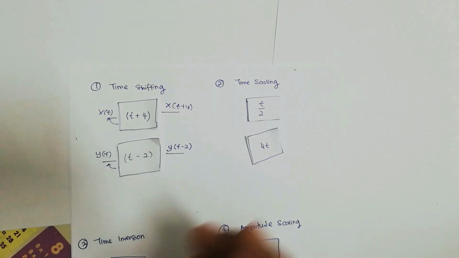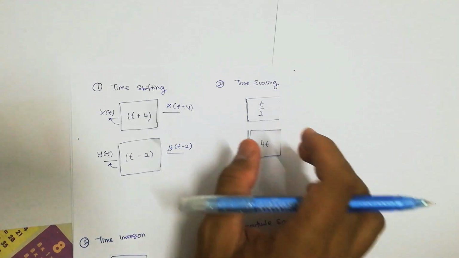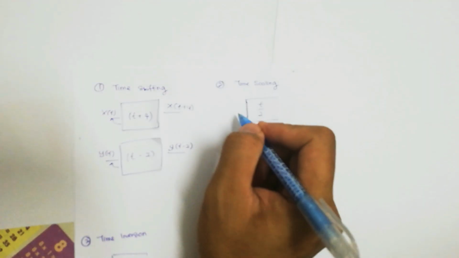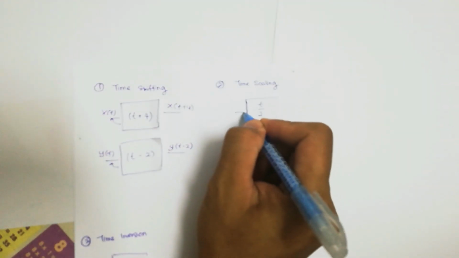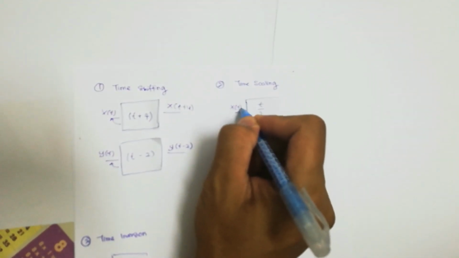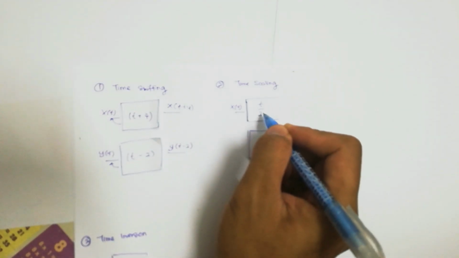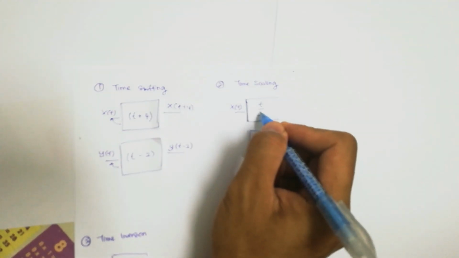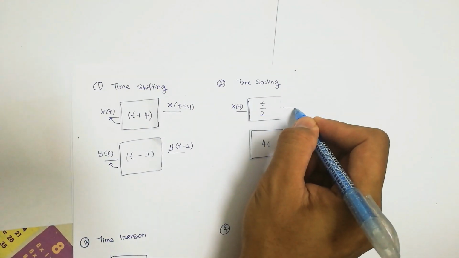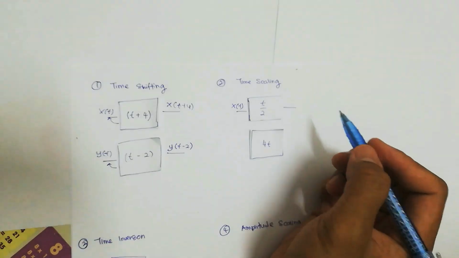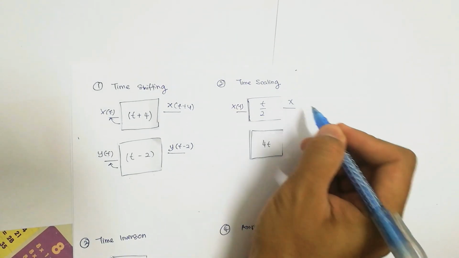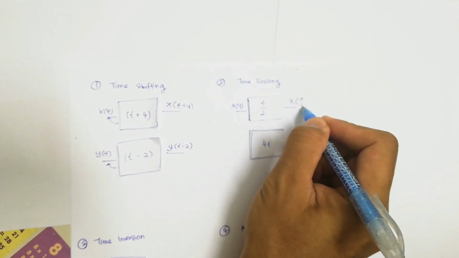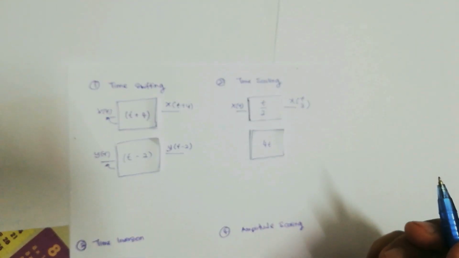The same goes for the time scaling system. For example, you have x(t) as the input of the time scaling system, where t is divided by 2. You need to replace t with t divided by 2, so the output will be x(t/2).